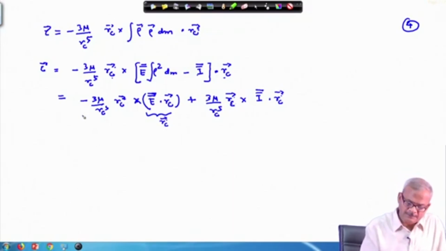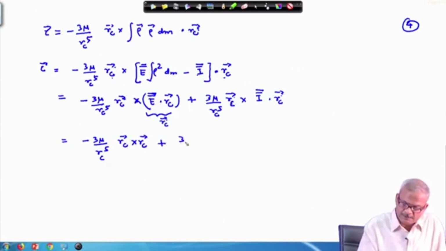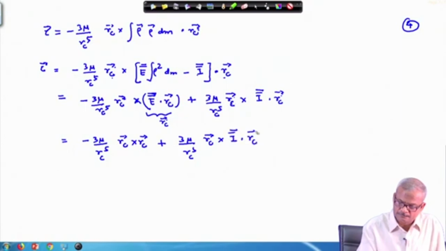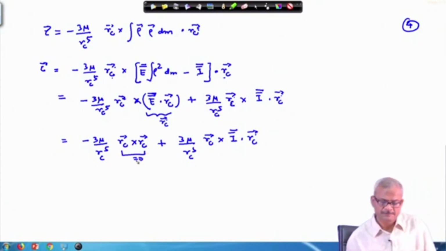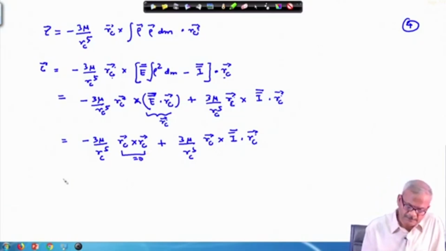Okay. So, therefore, in the next step we can write this as 3 mu by R c to the power 5 R c cross R c plus, and this is nothing but 0 because it is the cross product of the same vector.